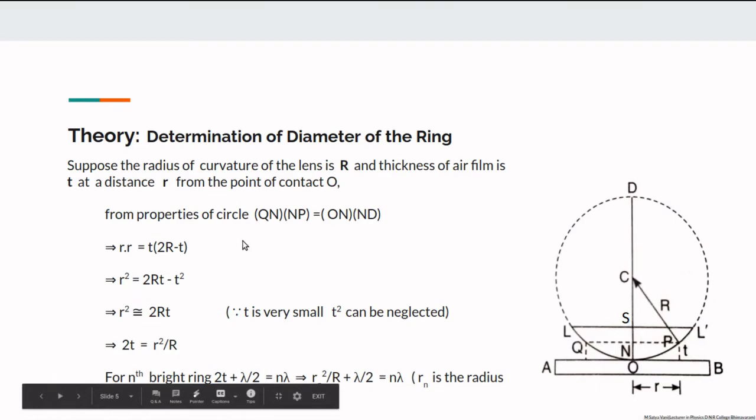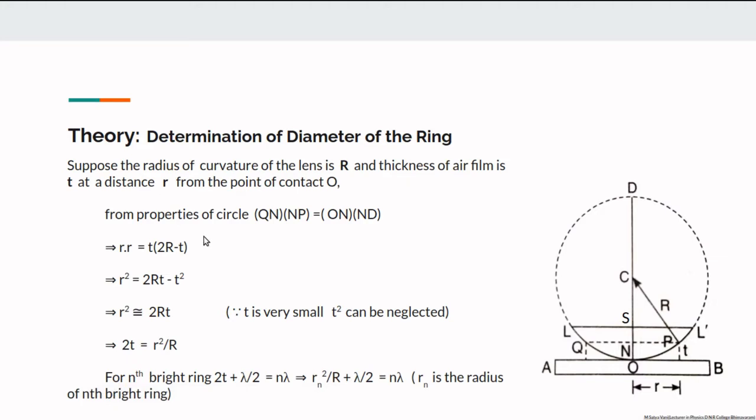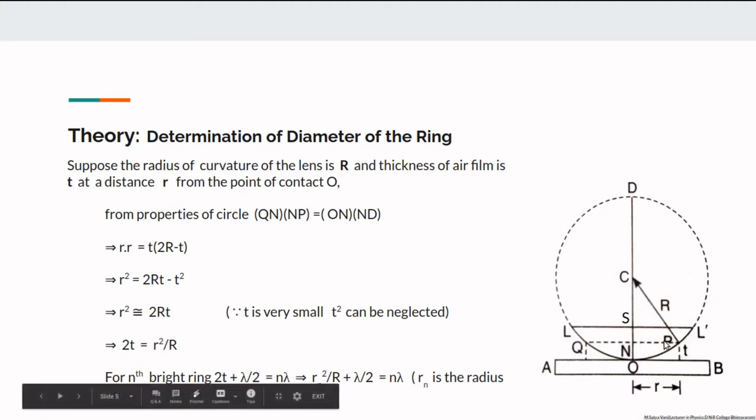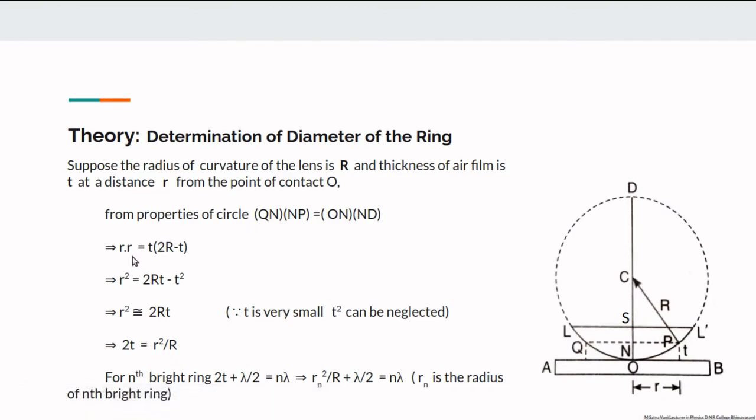If you substitute the values of QN, NP and so on: QN is the radius of a circle which we have not observed in this figure, as it is a two-dimensional figure. QN is the radius of the ring. Similarly, NP is also the radius of the ring. Therefore, QN is equal to the radius of the ring, r, and NP is also equal to r.